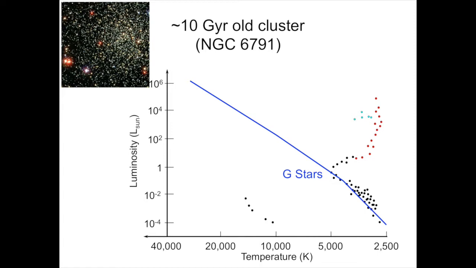In this way, by making the color magnitude diagrams, the Hertzsprung-Russell diagrams of star clusters, we can actually get a snapshot of their appearance and can read off their age by finding the mass of the most massive stars in their main sequence located at their main sequence turnoffs.